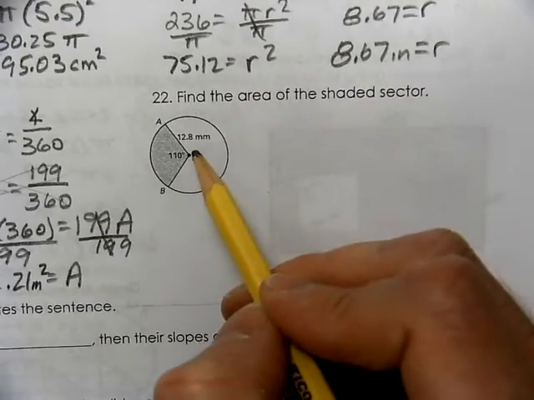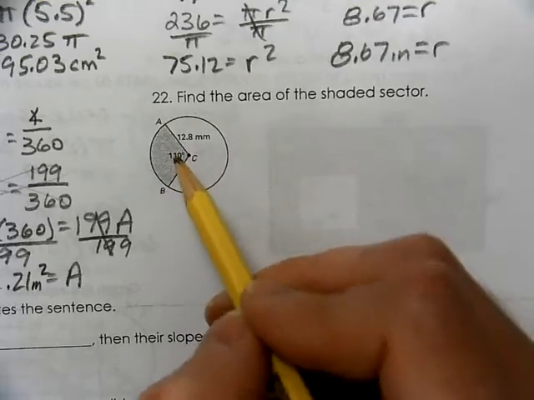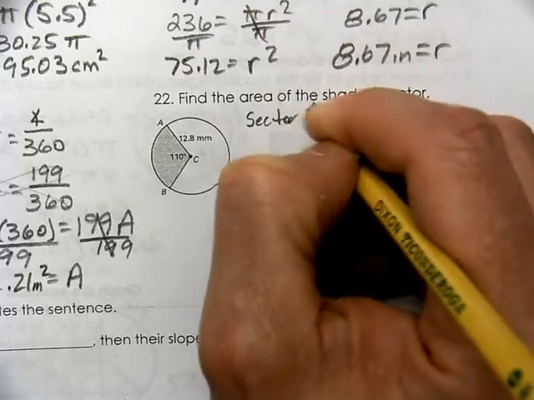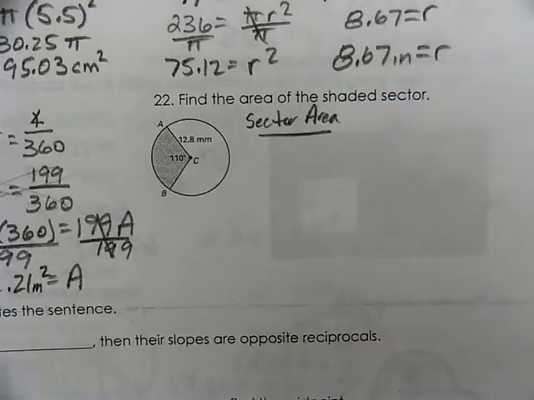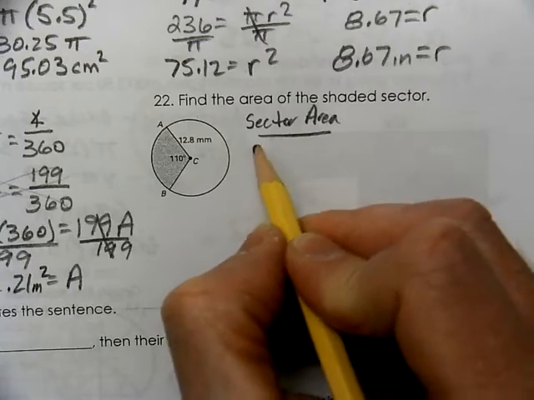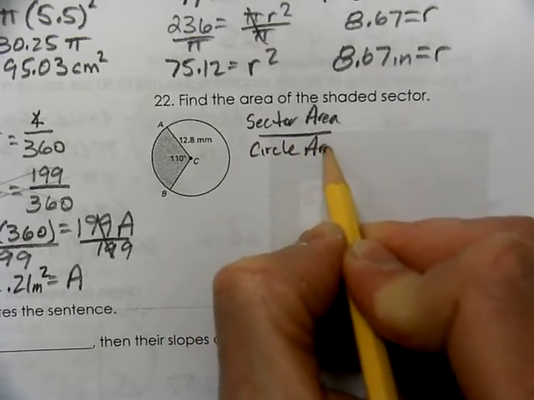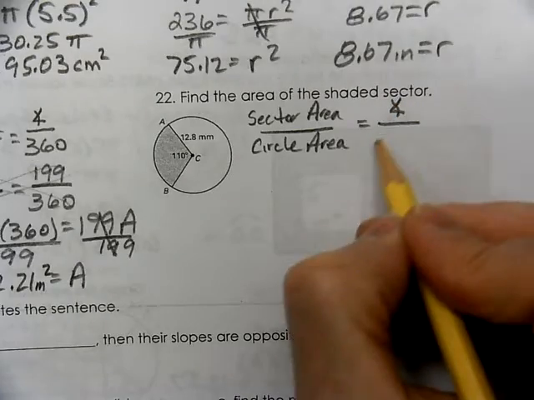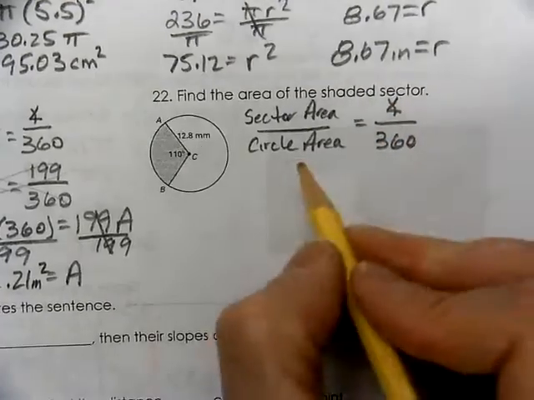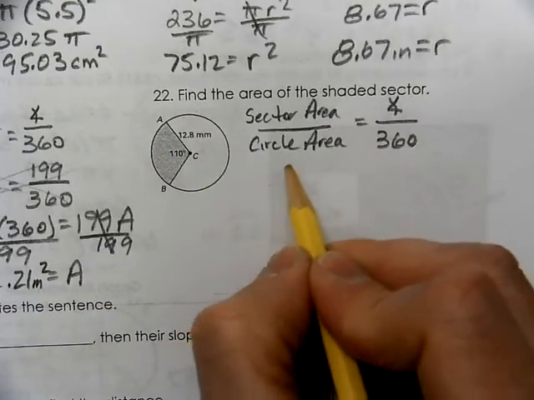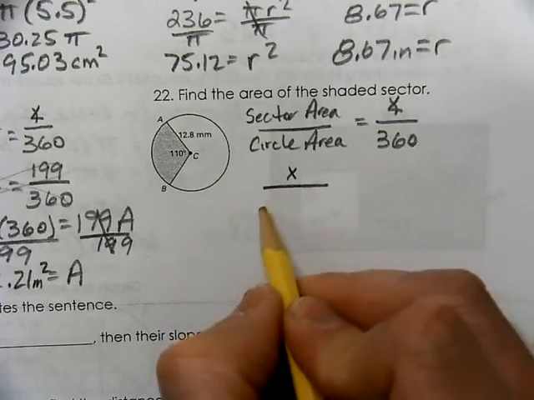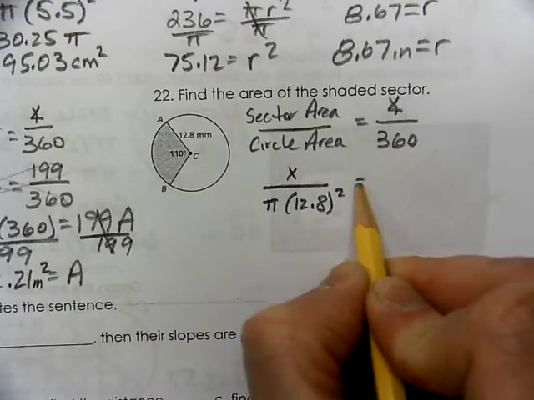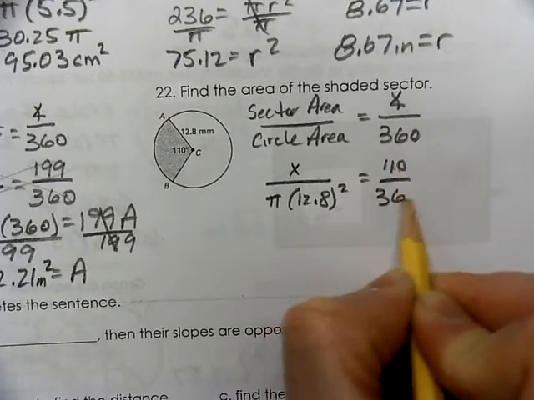Find the area of this shaded sector. What is the area? Sector area over circle area equals the angle of the sector over 360. So we don't know what the sector area is. The circle area is pi r squared, 110 over 360.